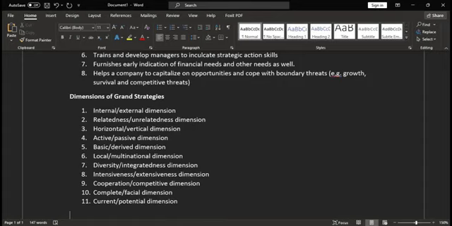We also have the relatedness and unrelatedness dimension. Relatedness is the extent to which the strategy adopted by an organization is related to current business definition, which covers customer group, customer function, product group, or alternative technology.